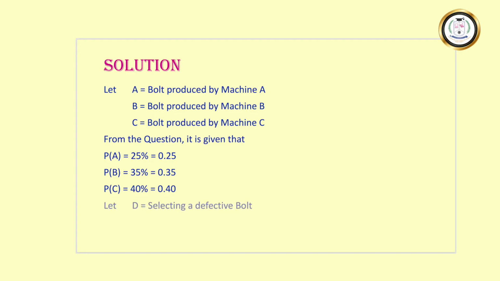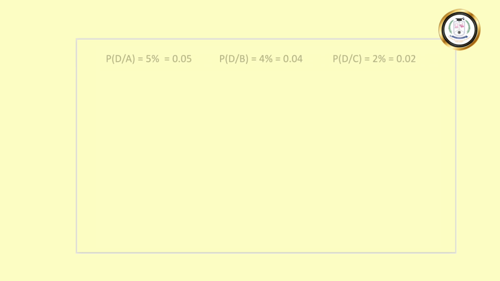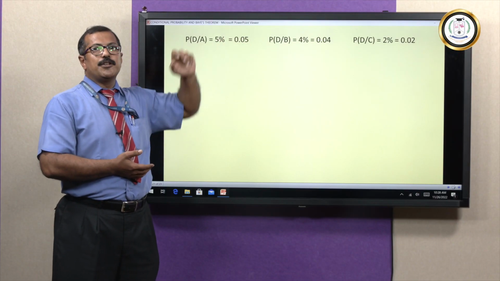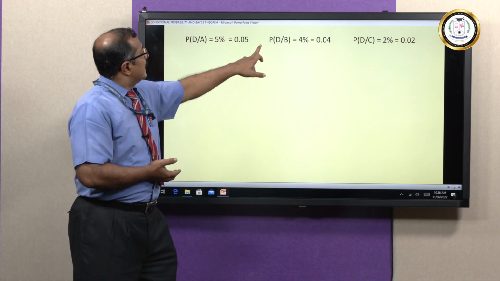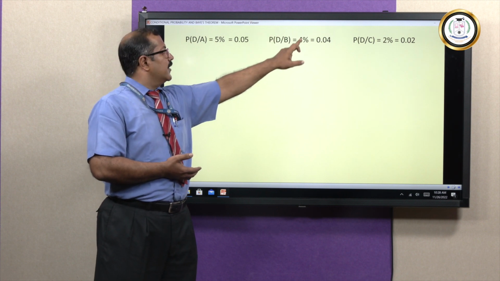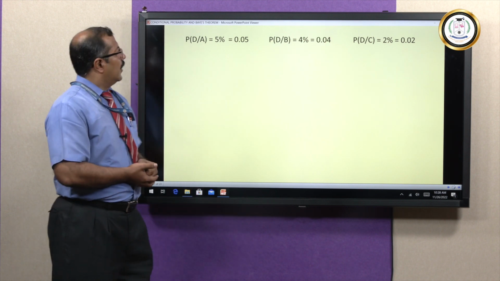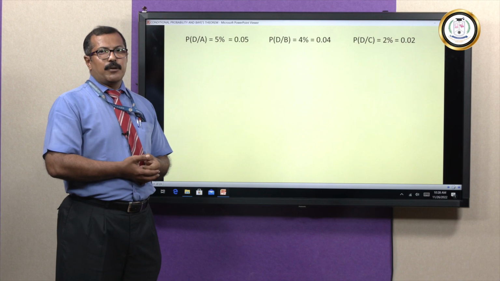So we can consider D as selecting a defective bolt, then the conditional probabilities of selecting a defective bolt given that they are produced by A or B or C. Given that you are going to select from machine A's production, it is defective will be 5%, and 5% in terms of value will be 0.05. Given that you are selecting from B, it is defective is 4%, that is 0.04, and that for C is 0.02.